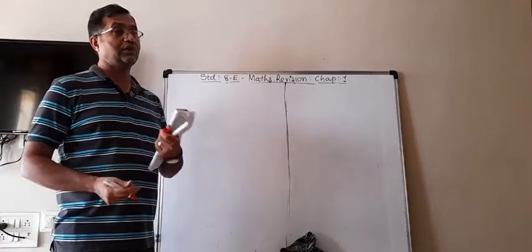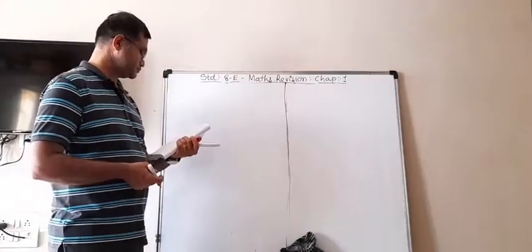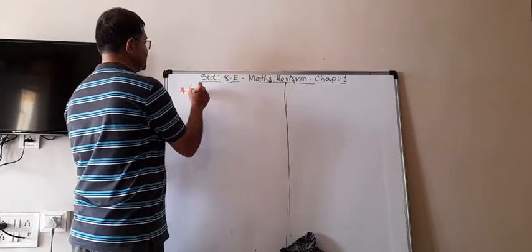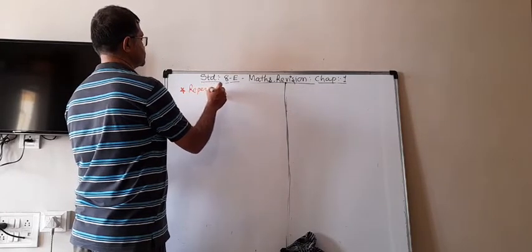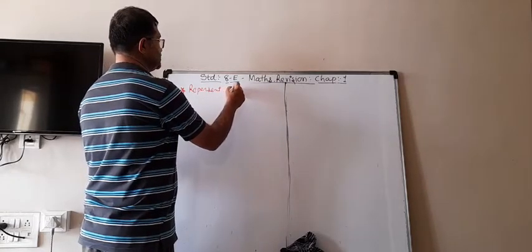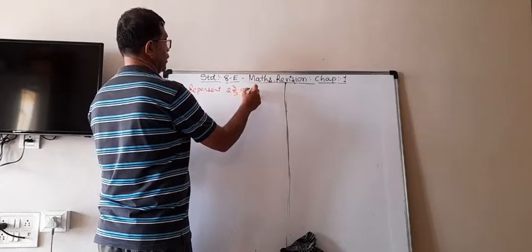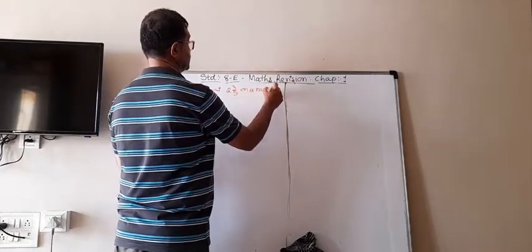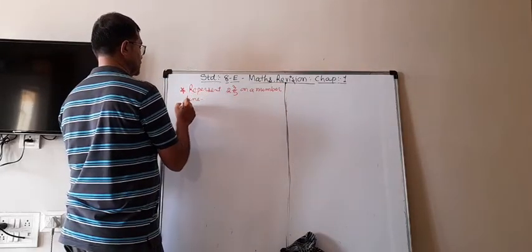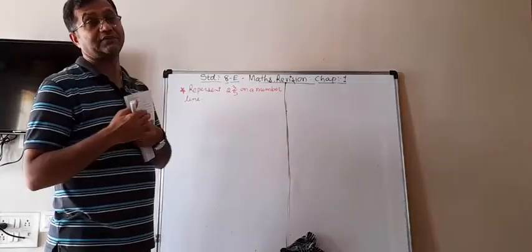Now we will represent the numbers on a number line. So the first one is: represent 2 integer 3/5 on a number line. Generally, what do we do when we represent on a number line?